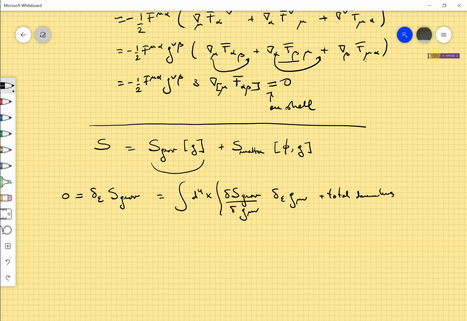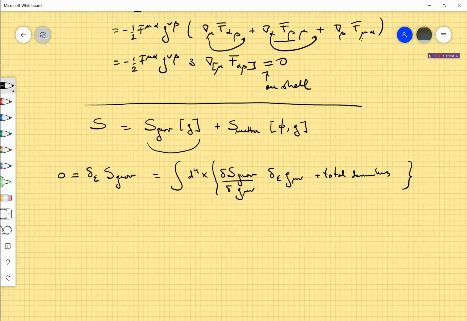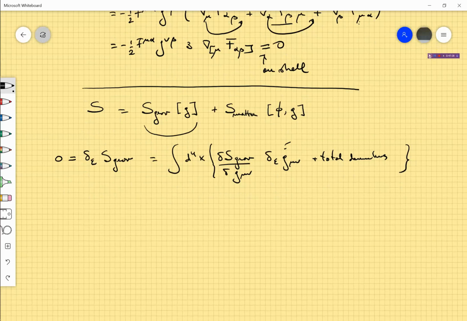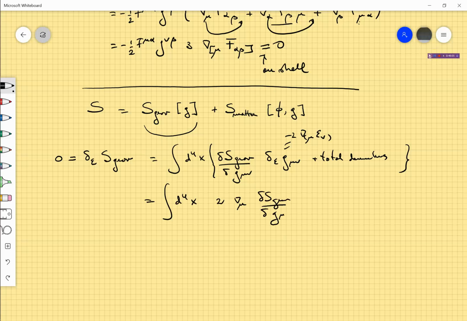Okay, just by definition of how we find the equations of motion. Now we know that this is minus 2 times the symmetrized derivative of epsilon nu, and we can integrate by parts. If we integrate by parts, we get a total derivative with more terms, and then a factor of 2 nabla_mu of delta S_grav over delta g^{mu nu} times epsilon_nu.